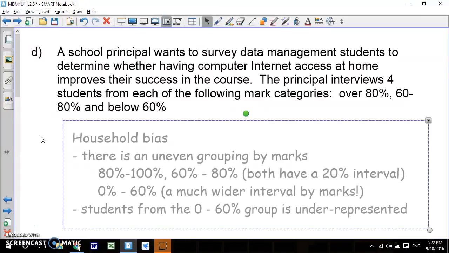Therefore, this is an example of household bias. So the workaround to fix this bias is either to reorganize these mark categories using 20% intervals, or they can use stratified sampling so that more students will be surveyed from a larger group.